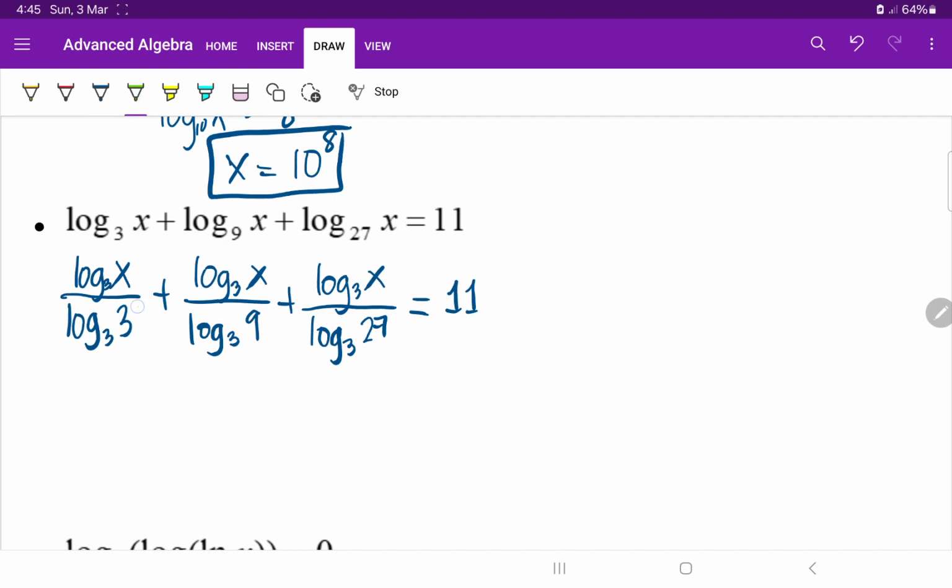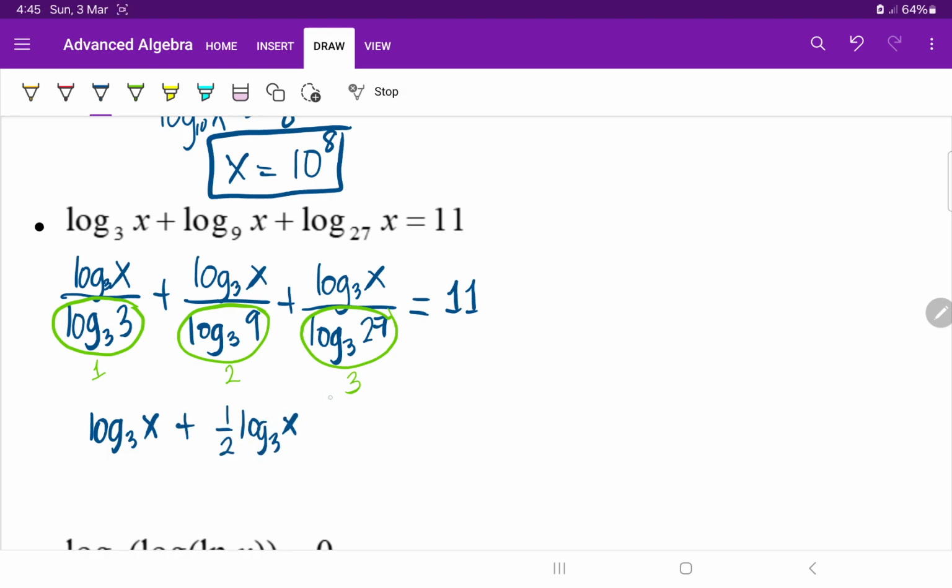So the denominators can be simplified. So log base 3 of 3 is just 1. Log base 3 of 9 is just 2. Log base 3 of 27 is 3. Okay, so essentially I have log base 3 of x plus 1/2 log base 3 of x plus 1/3 log base 3 of x is equal to 11.